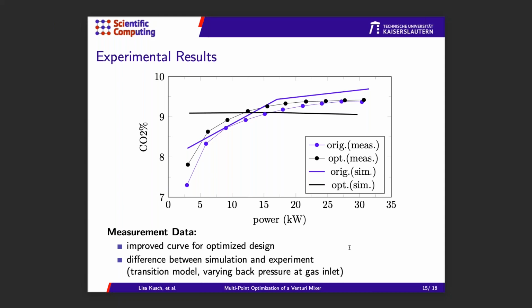This varies, especially for lower powers, so we should set different boundary conditions there. That's one thing that one can still look at. Also, what could be interesting is to include a transition model, laminar to turbulent transition, to better resolve the physics.